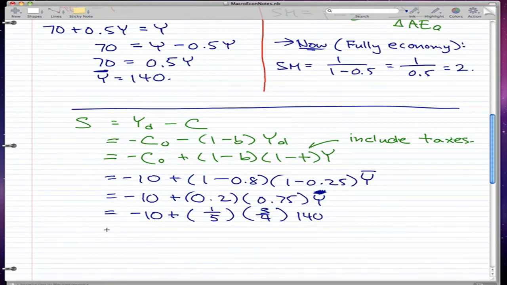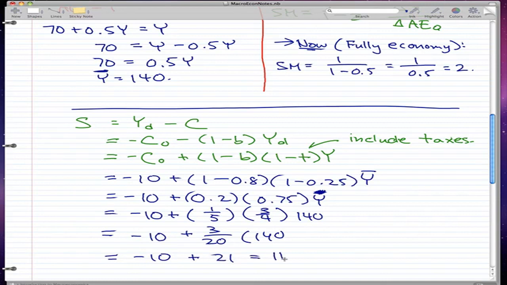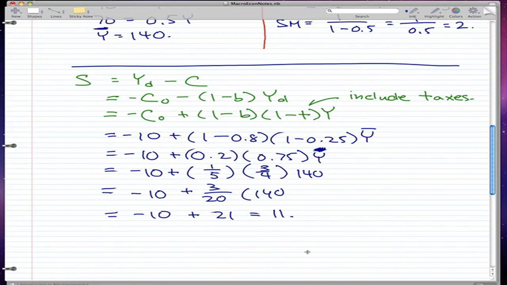And this will simply be minus 10 plus 3 over 20, because we times it by 140, and that will give us negative 10 plus 21, equal to 11. So our savings, when we include taxes in a full economy, is 11.